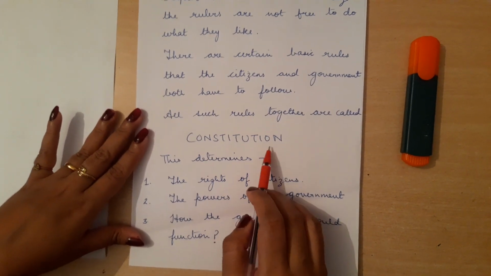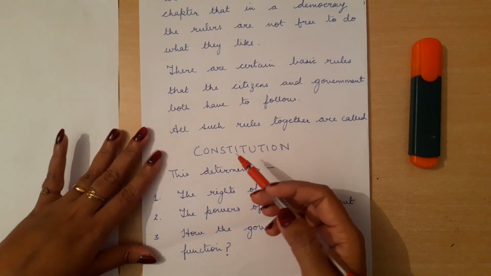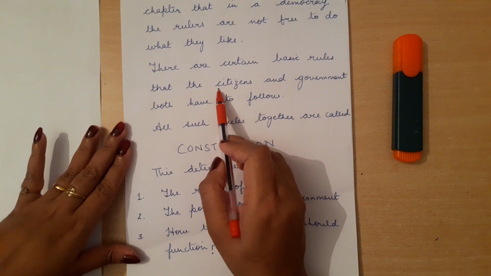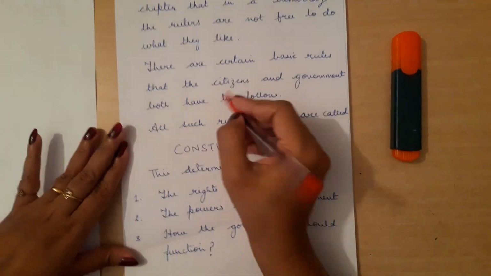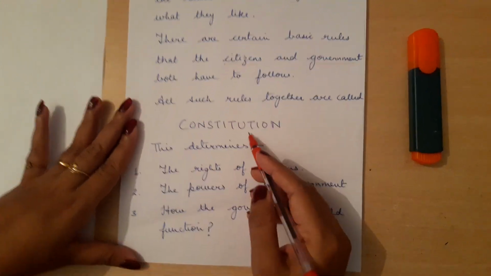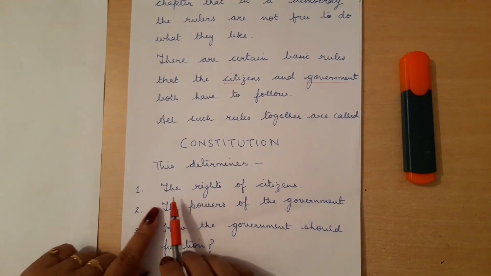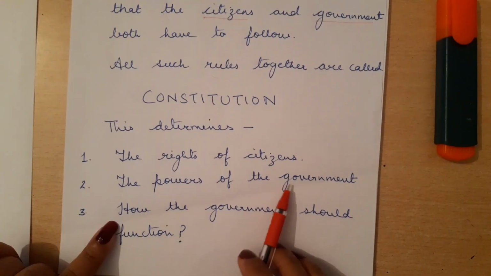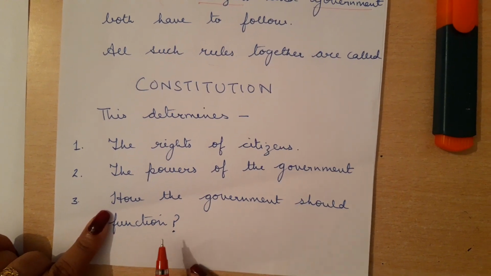We know we have a book of law where all the rules, regulations, duties are written for us, for all the citizens as well as for the government. Now, this constitution determines the rights of citizens, the powers of the government, and how the government should function.